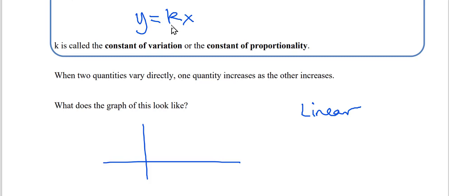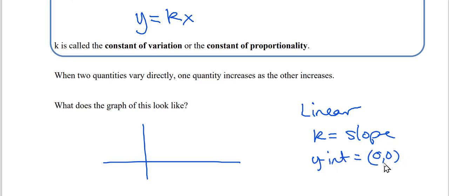The k is a constant. k is the slope, the number in front of the x, and the y-intercept is (0, 0), because you have nothing added on there. So the idea with direct variation is that if one variable is 0, the other one is also 0. So you're going to have something that looks like this.